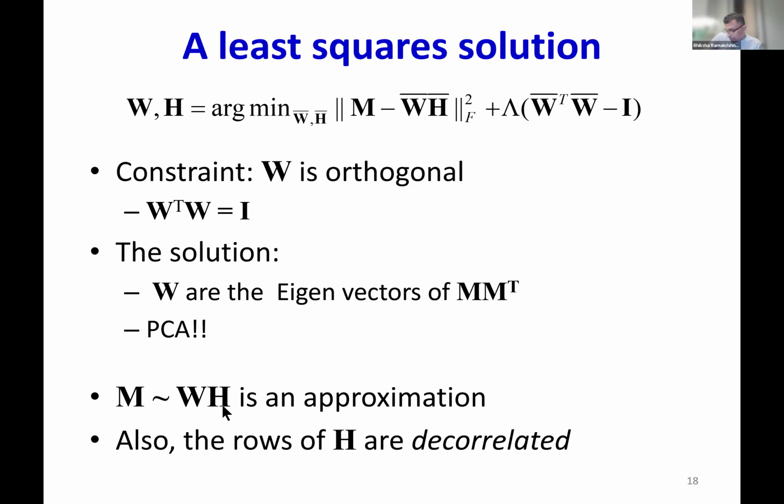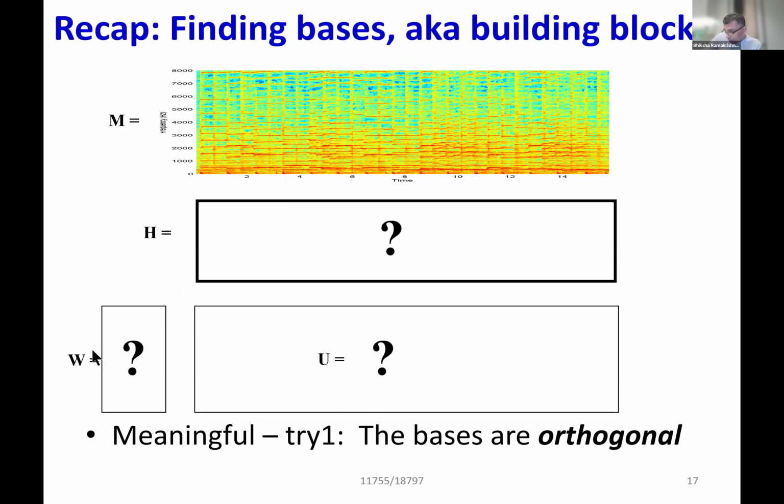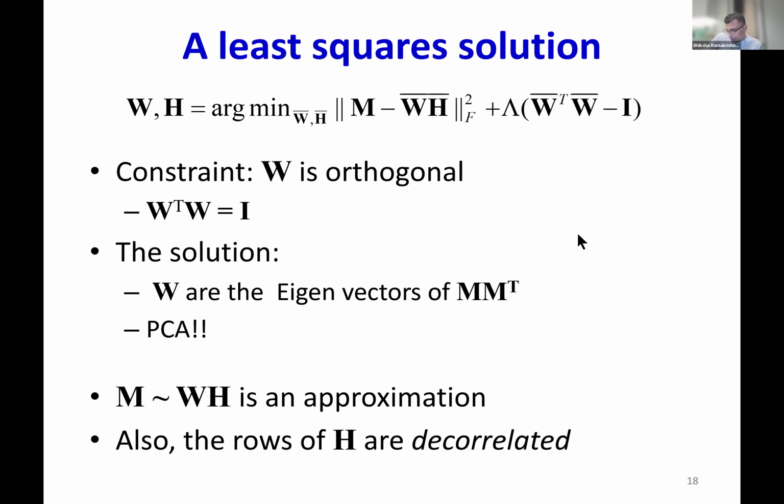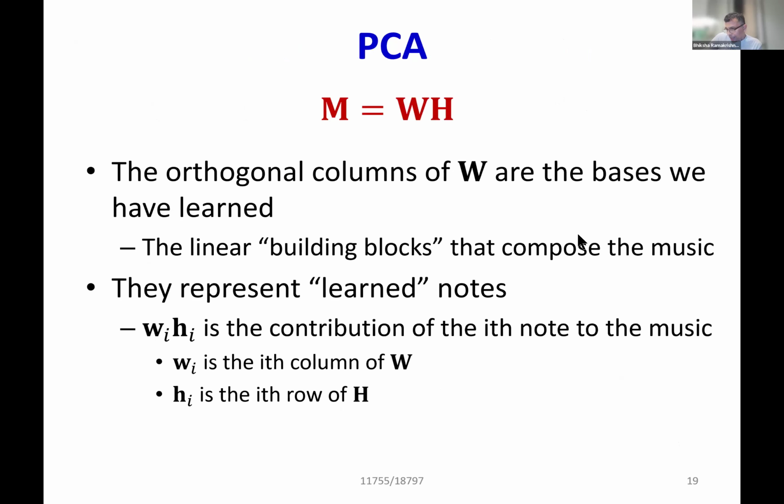So M equals WH would be your approximation if you didn't use all of your bases. But then in the process, because of the property of PCA, because these guys are your principal axes, H ends up being uncorrelated, as we saw. And so when we perform PCA, you're decomposing M equals W times H. The orthogonal columns of W are the bases that you have learned.